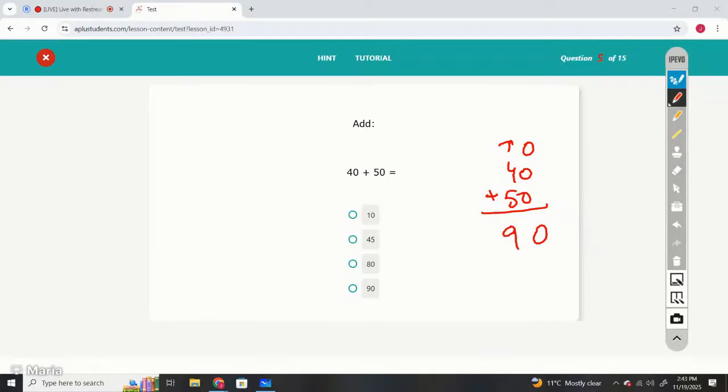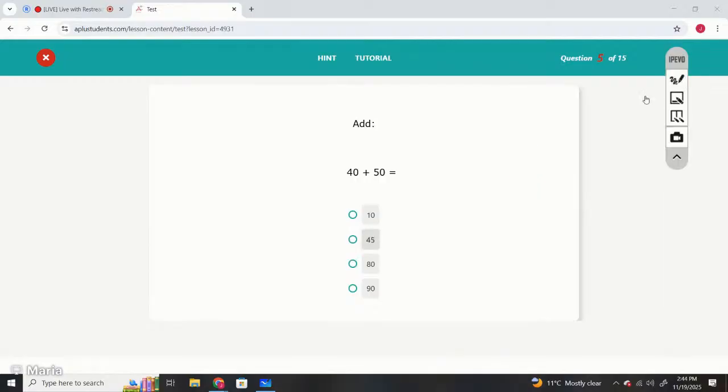The correct option is 90. That is 90. The correct option is 90. Option number 4 is the correct option.